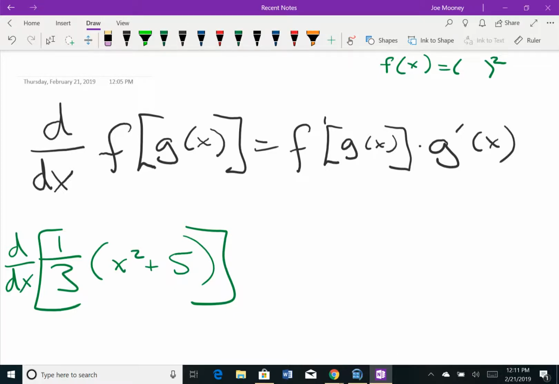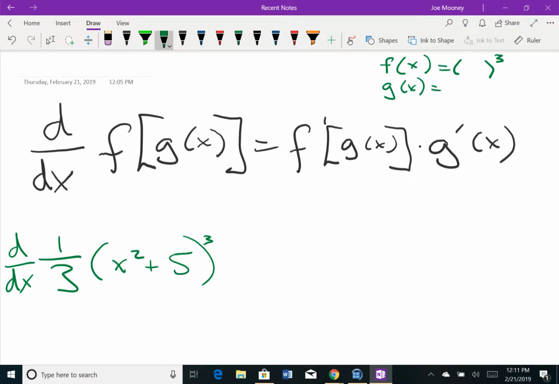Sorry, not squared. I changed this down here to a cubic. So my outside function is some input cubed, and my inside function, which we've been calling g of x for now, is the x squared plus 5. That would tuck inside there. Boom, there it goes.